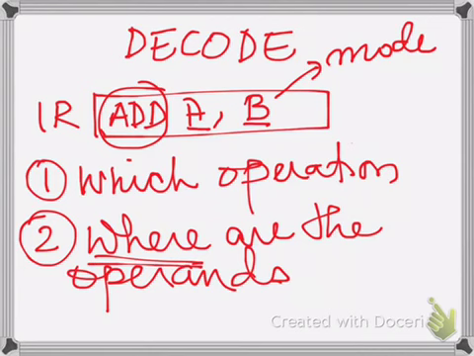This happens during the decode phase. So two things: the instruction is decoded, and then the actual address of the operands is determined. When we discuss addressing modes, we will see more about this second step. At the end of the decode phase, you know which operation is to be performed and where the operands are.